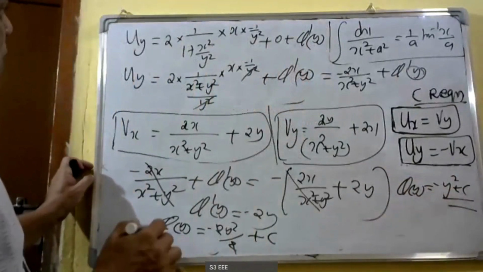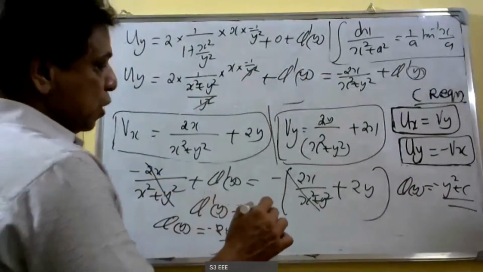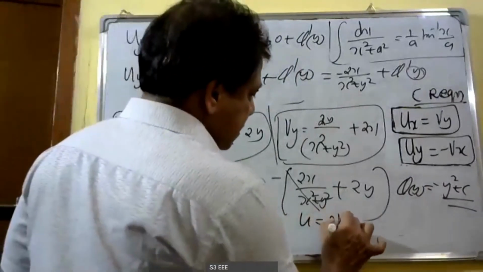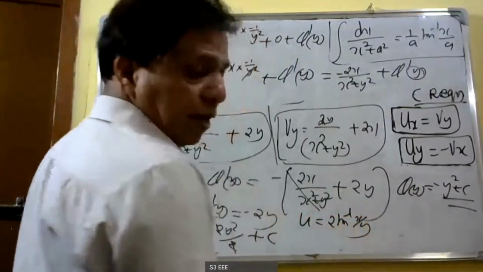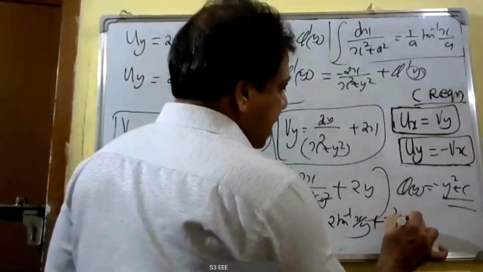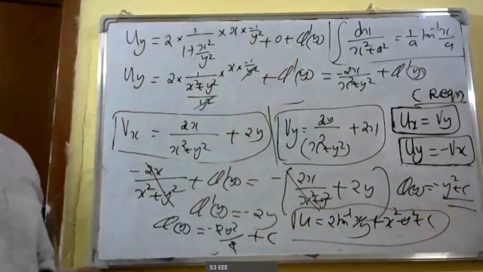Therefore, u = 2 tan⁻¹(x/y) + x² − y² + c. This is the real part.